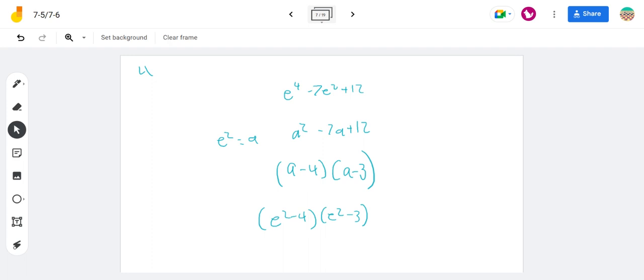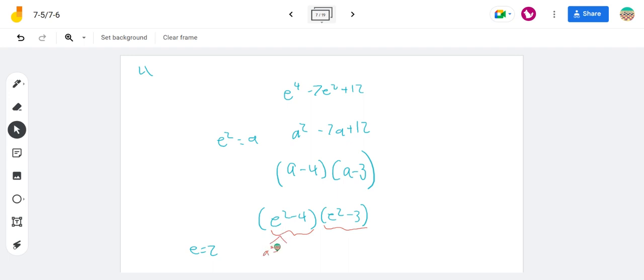So this e square minus 4, if you think about it, the other terms are already in the simplest form, but the e square minus 4 can be factored using the formula of the difference of squares.